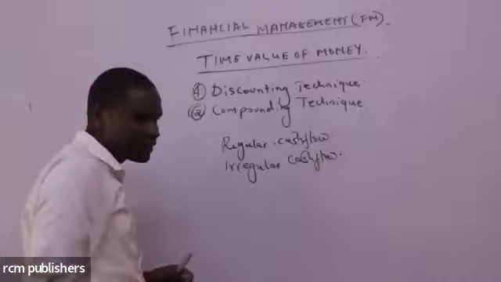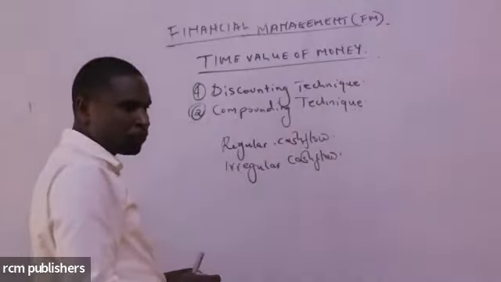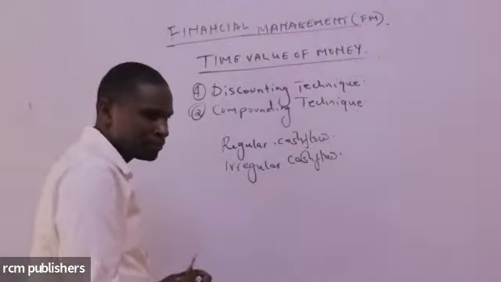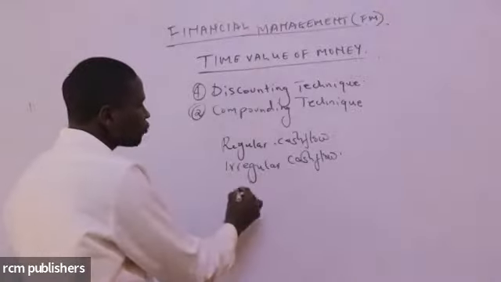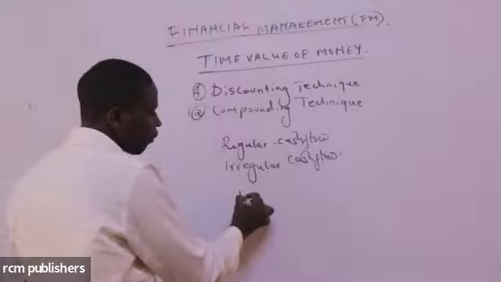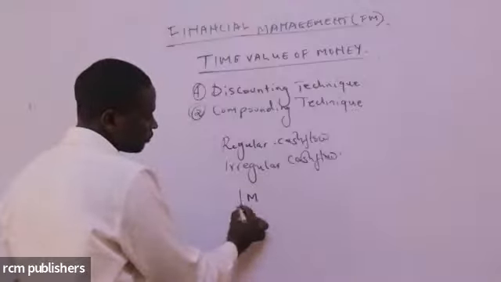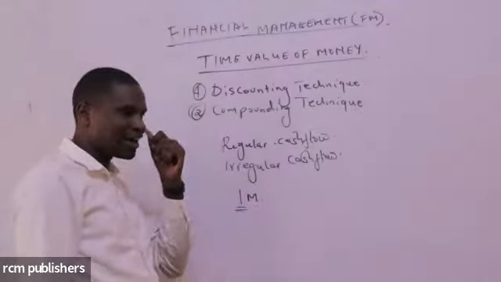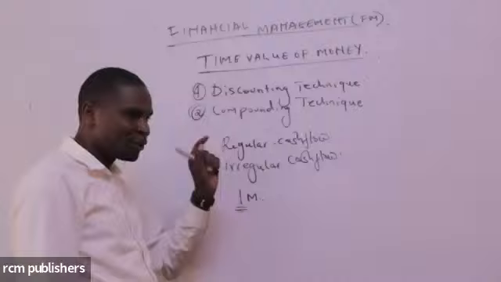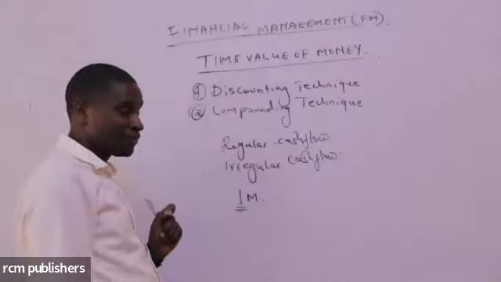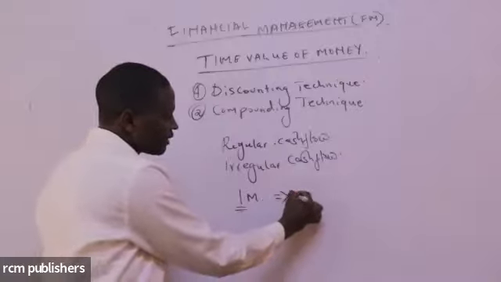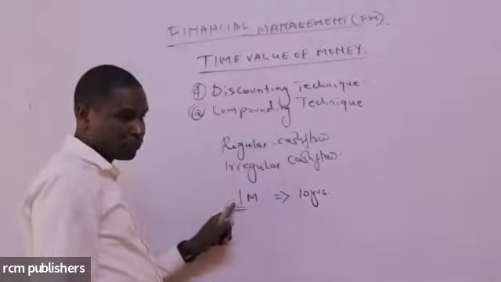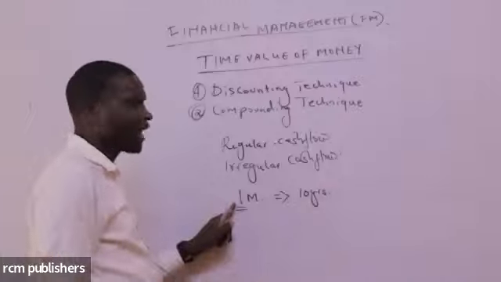Now, somebody comes and tells you, in 10 years' time, you're going to receive 1 million. What is the value of 1 million today? It tells you that in 10 years' time, you're going to receive 1 million shillings, or in whichever period of time.